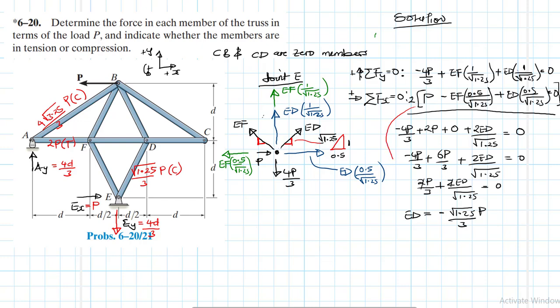So we are using this equation. So we have P minus EF 0.5 divided by root of 1.25 plus ED by 0.5 divided by root of 1.25 is equal to 0.